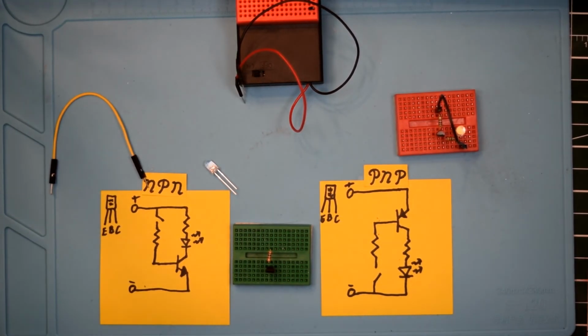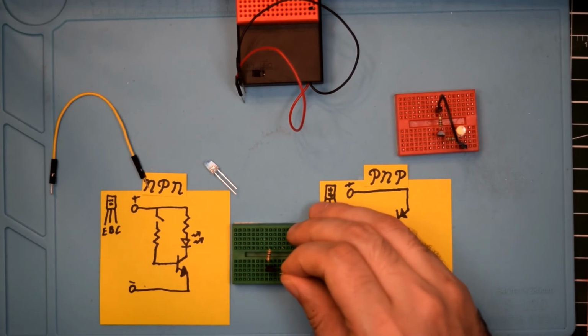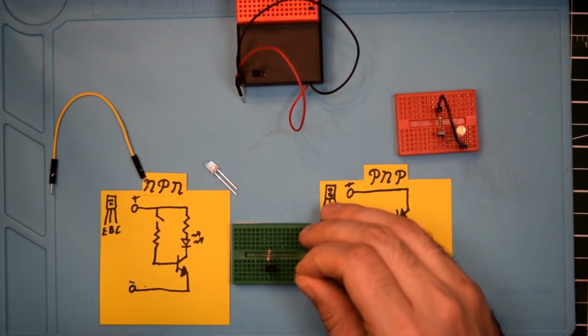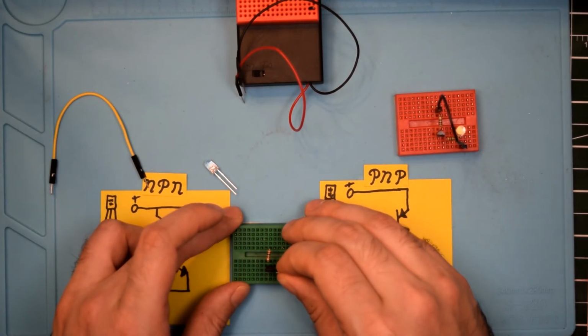And then in this case, what we're going to want to do is put the resistor at the collector, which is, let's see, the collector on this one is here.